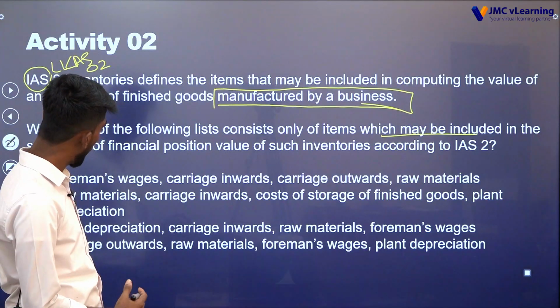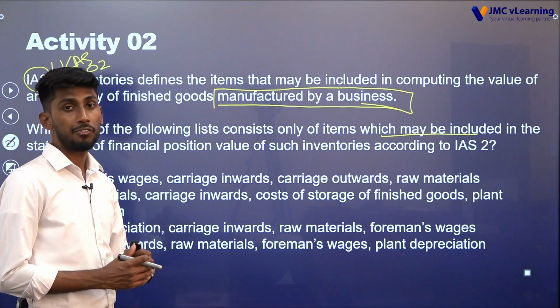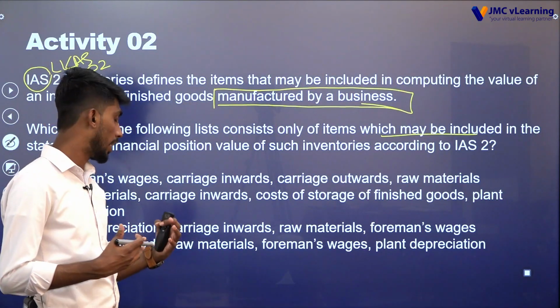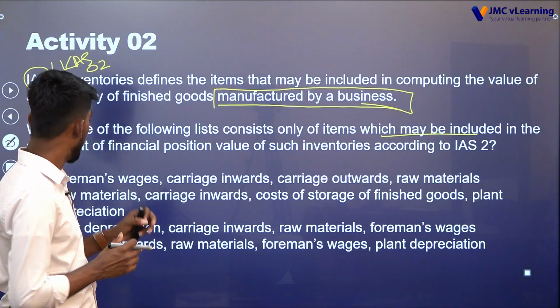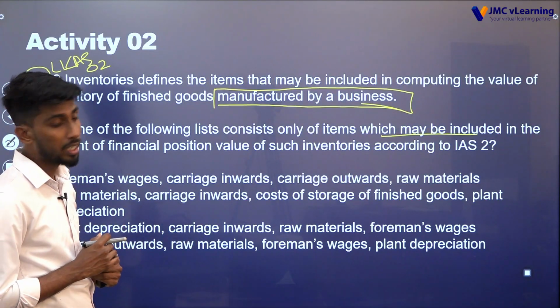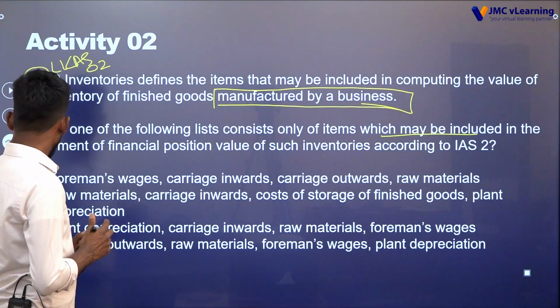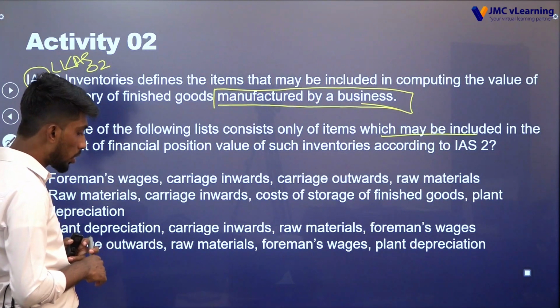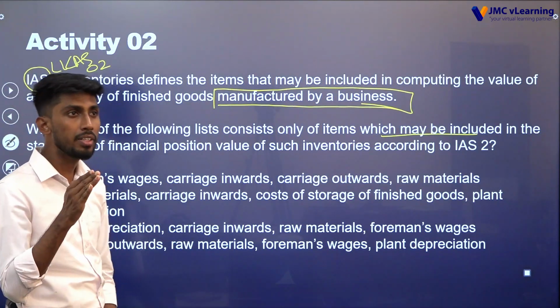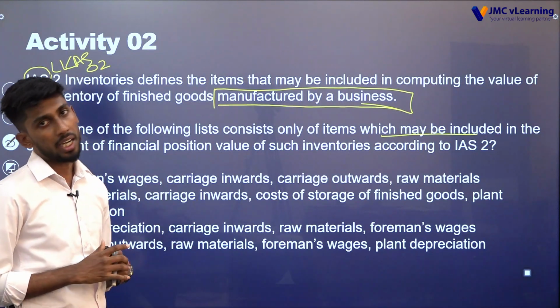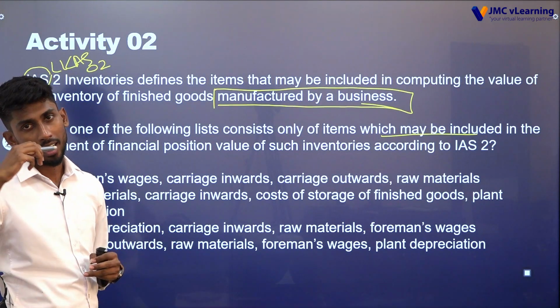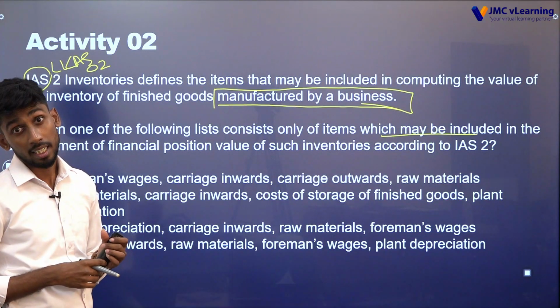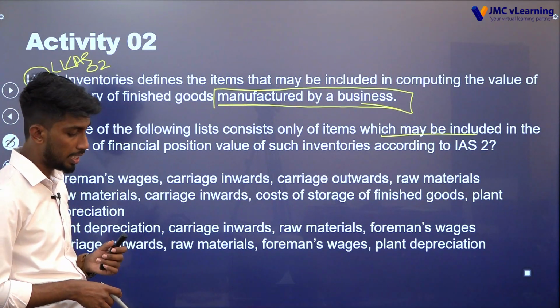Now we need to identify only what costs can be included within the inventory cost. First of all, you try. Now pause the video and you try the answer. Then you watch the recording and tick your answer whether it is correct or wrong.